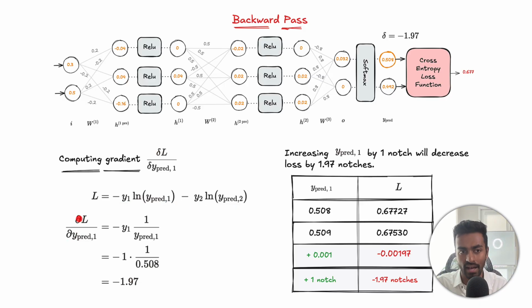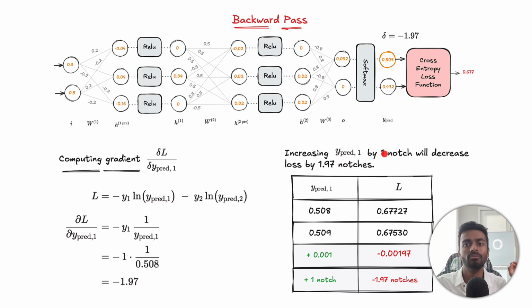If you take the gradient of that loss with respect to the first prediction here, we see that this is a constant y1, so we just leave it out, times the derivative of the log of a value, which is 1 over the value itself, minus, this is going to be a constant with respect to y-pred1, so it doesn't change when you change it, hence it's 0. Substituting the values and evaluating the gradient, we see that it is negative 1.97. What this really means is that if you increase this value over here by a very small amount, then the loss is going to decrease by 1.97 notches.